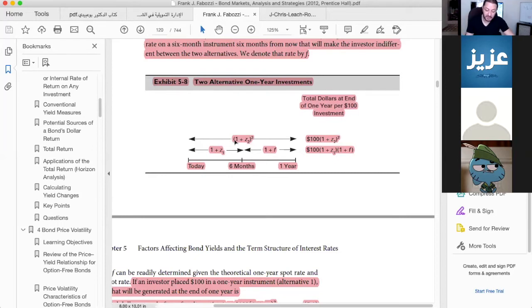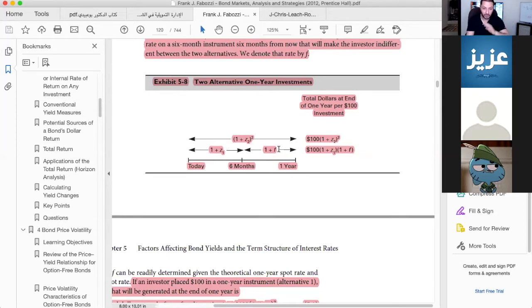While for the second alternative, we are making two investments in a row. The first one is using the current or the existing treasury bills that we are observing today. And we should finish by having 1 plus Z1. So Z1 is the yield to maturity or the spot rate for the 6 months treasury bills today. Now, after 6 months, we are trying to guess. So the F is not observed, but you are trying to guess.